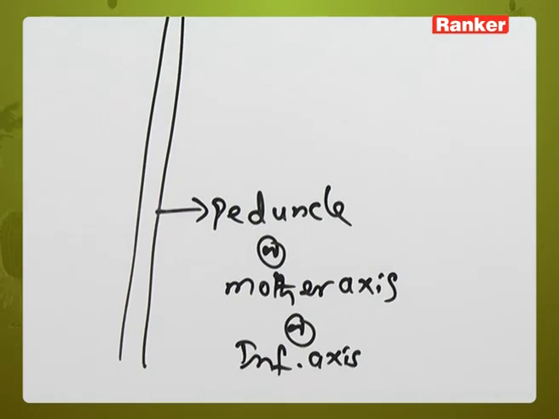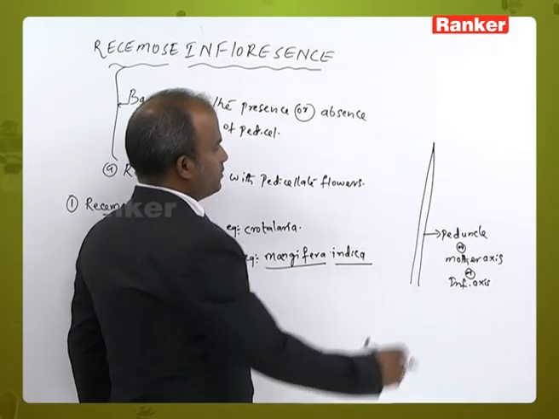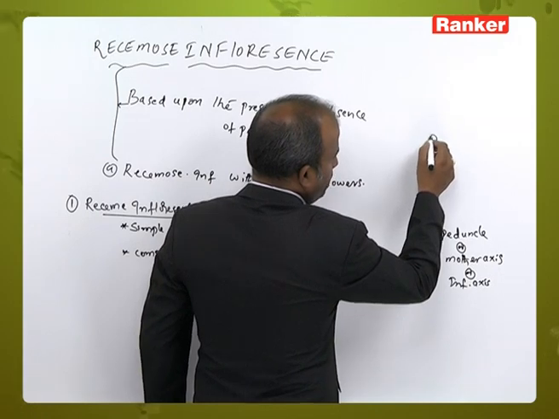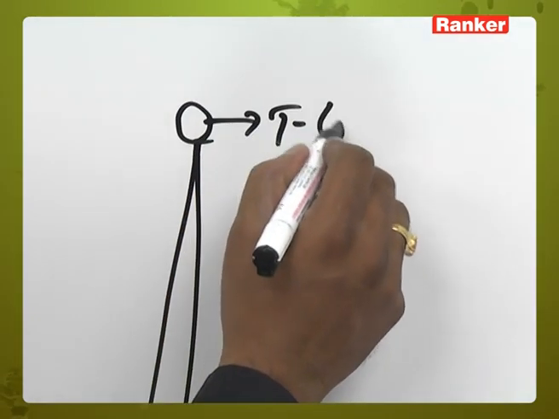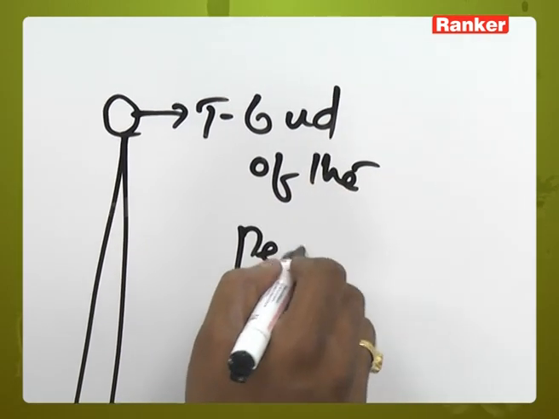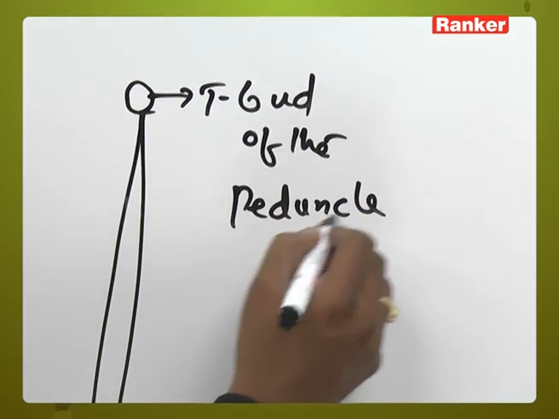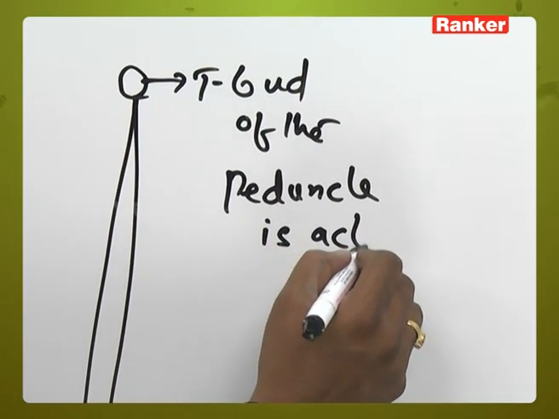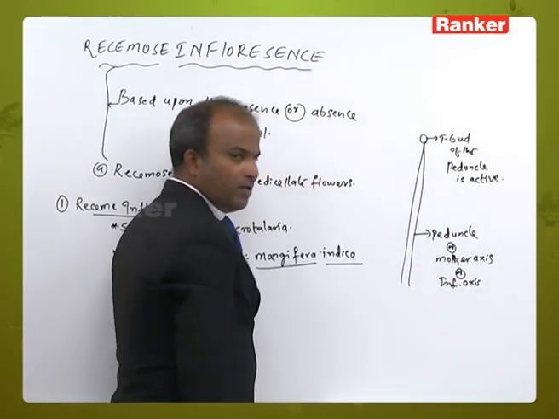As it is a racemose type, here the terminal bud of the peduncle is active.